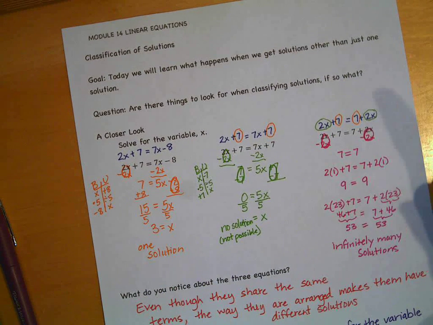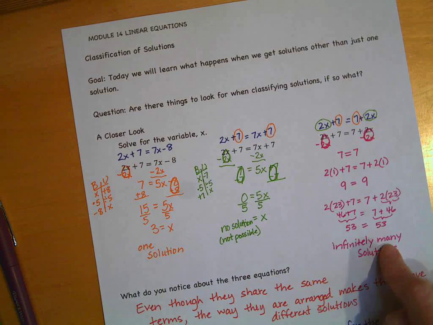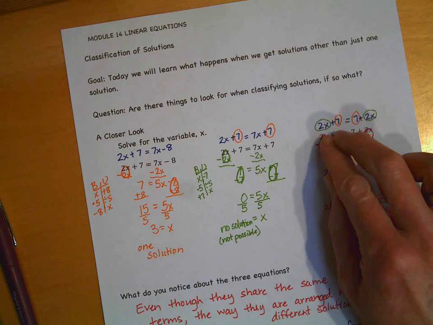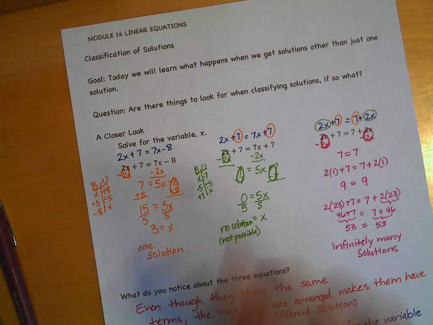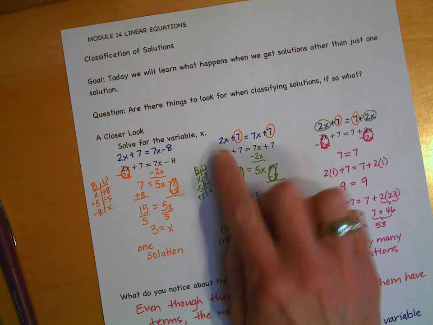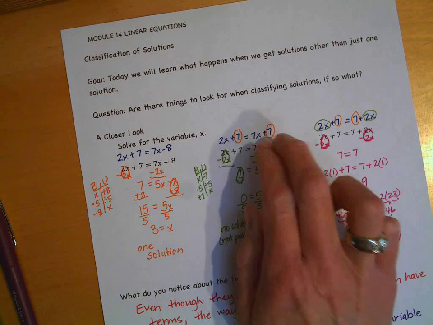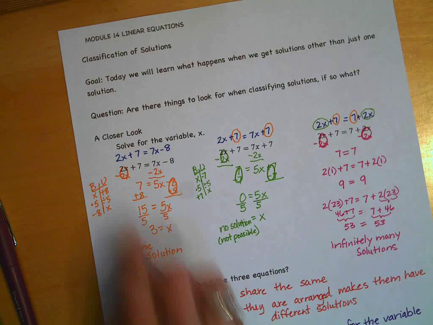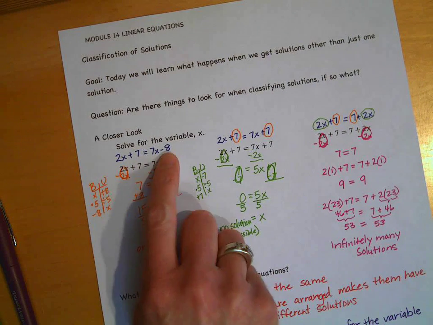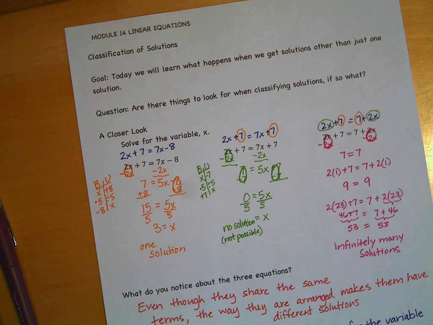So nothing really is changing at all in your equation. So you have infinitely many, where everything is exactly the same on each side of the equal sign. You have no solution when you have different coefficient terms but exactly the same constants. And then you have exactly one solution when everything is different. Okay, so that's another way to keep the three different types of solutions straight.